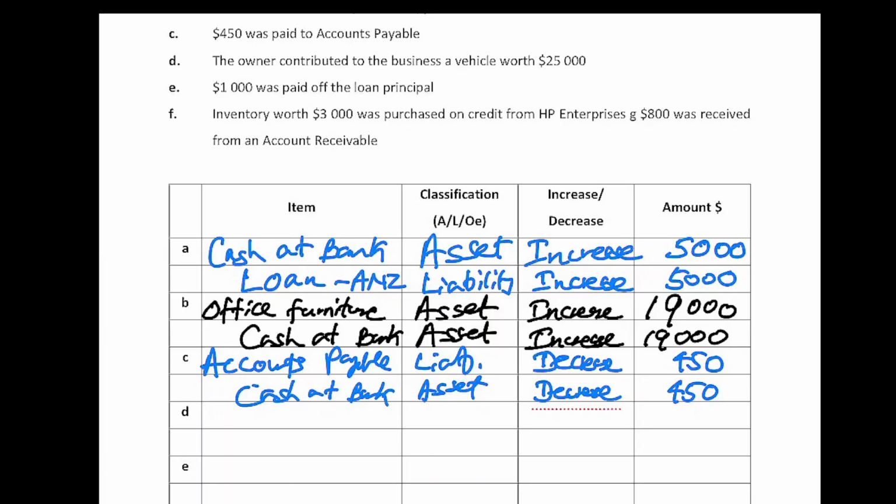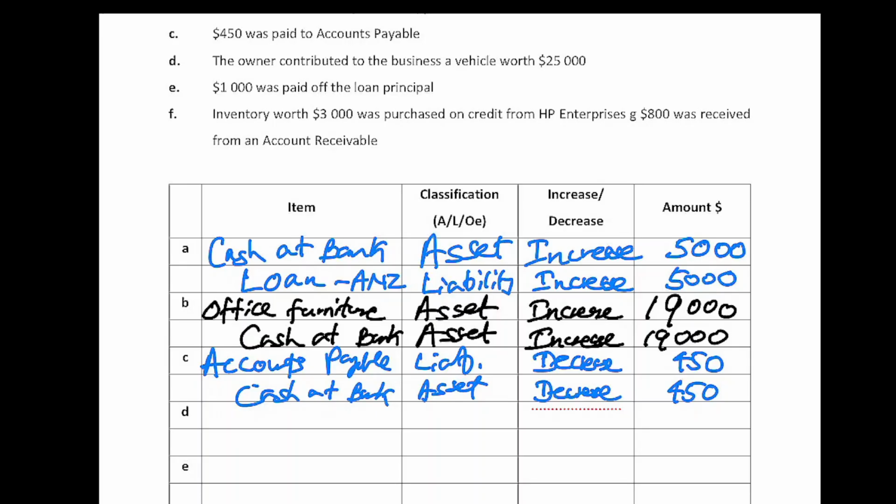What is that? What happens? Owner contributed a vehicle. So the owner contributed a vehicle to the business.